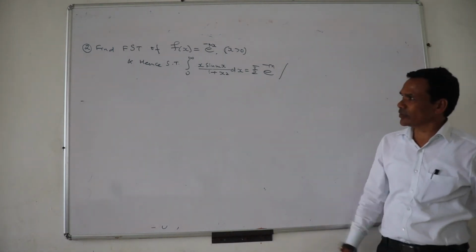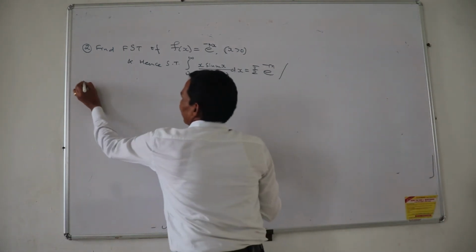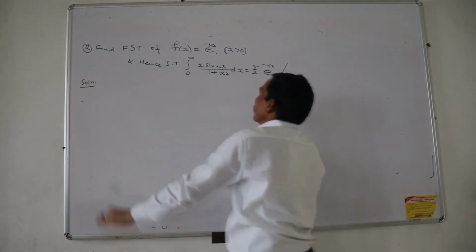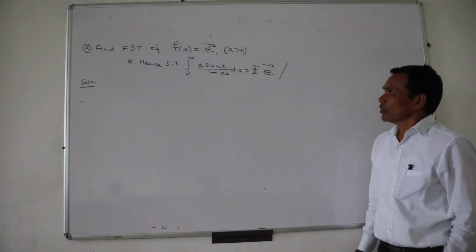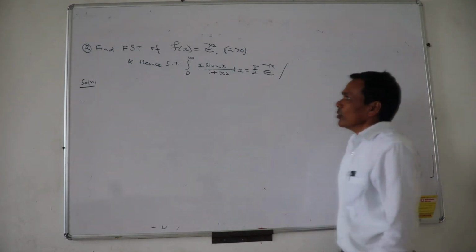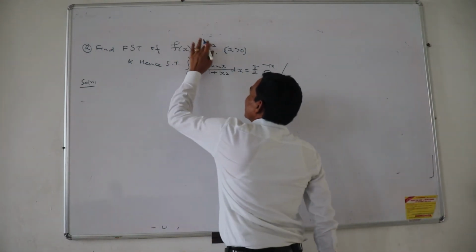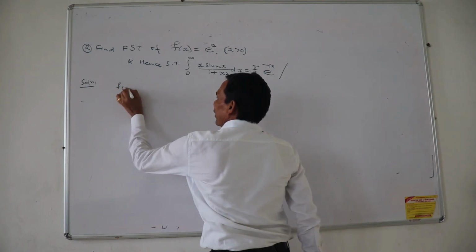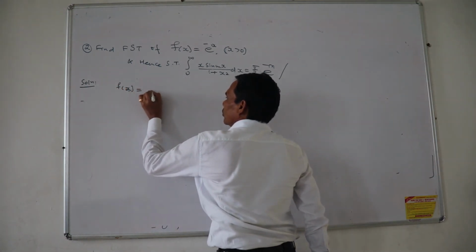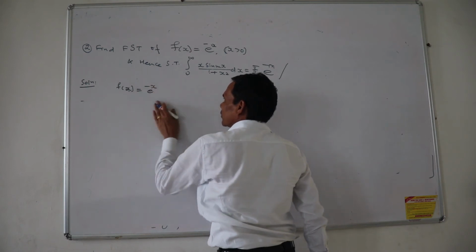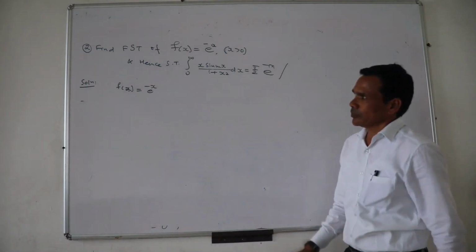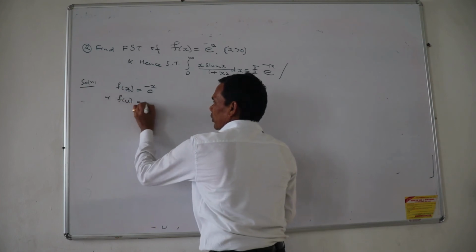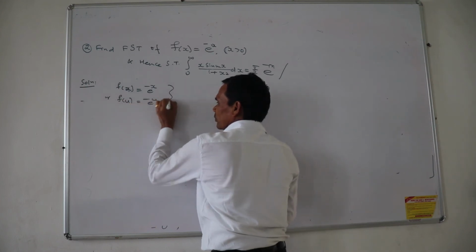So let us see the solution for this. We take this as x here. f of x is given, f of x is equal to e raised to minus x, or f of u is equal to e raised to minus u.